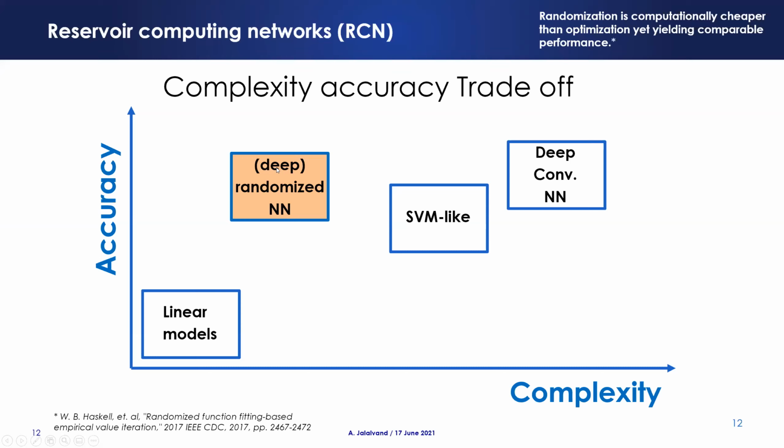But it has been shown that these deep randomized neural networks have much lower complexity compared to deep convolutional neural networks, and as you see, the difference in accuracy is not that high. So that makes them very interesting for complex problems where you need nonlinearity, where you need memory.